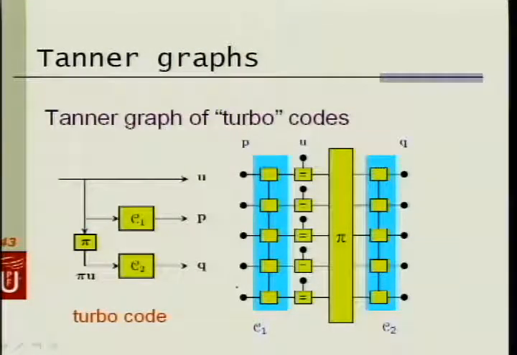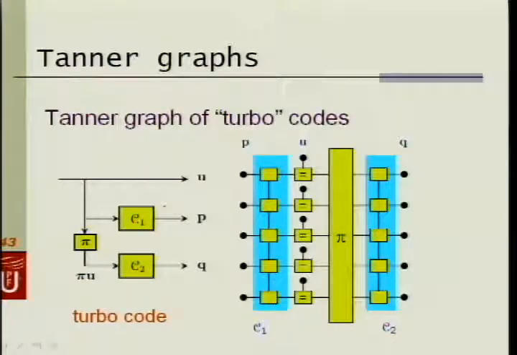Now, turbo codes. This is the simplest and yet the most efficient version of a turbo code. They work like this. We have a sequence of raw data coming from the source. We call them U. We send them over the channel without any coding. Then we send the same sequence of symbols to a systematic convolutional encoder, so that the first part of the code word consists of U and the second part consists of a parity check symbol.